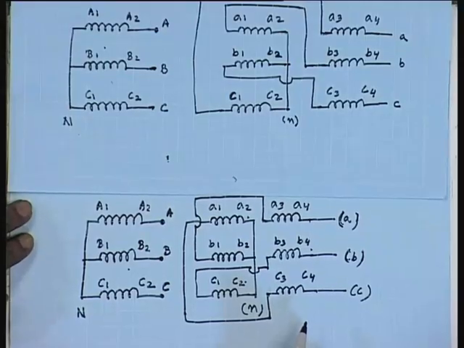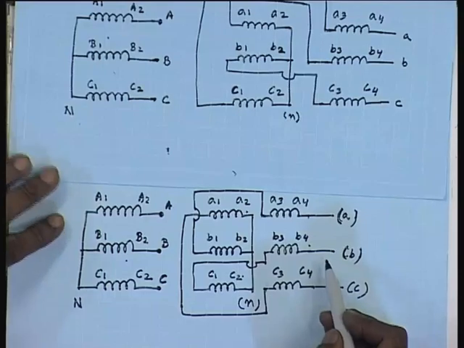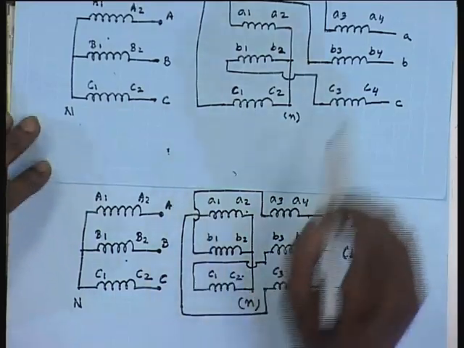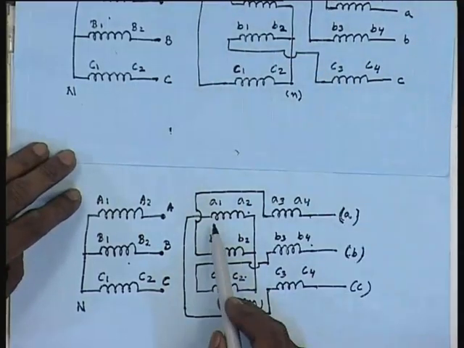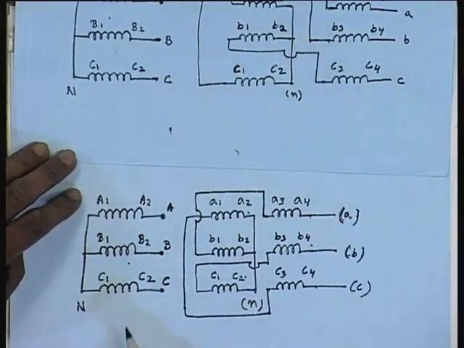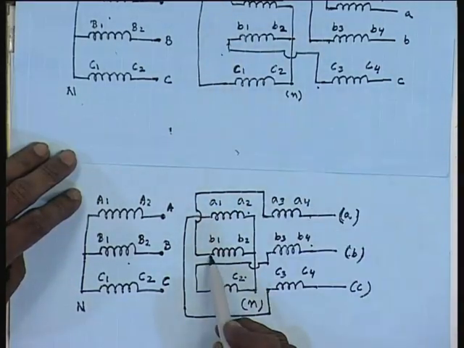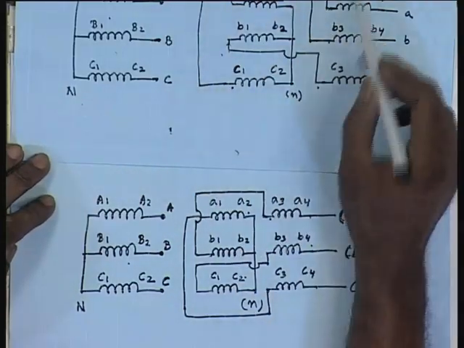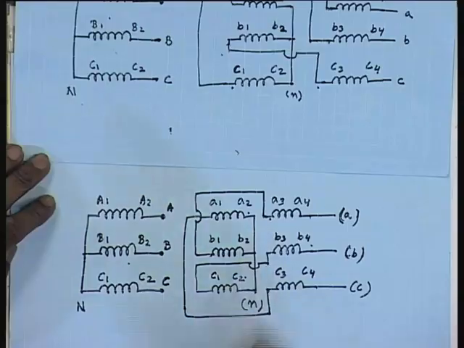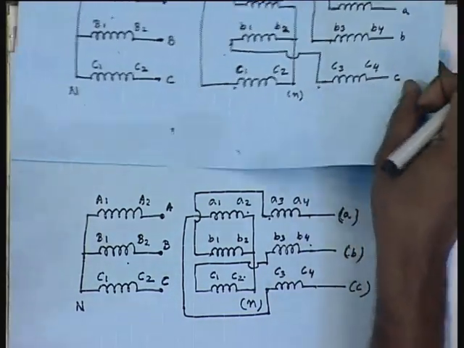However, as far as the internal connections are concerned, here A1 is connected to B3, in this case A1 is connected to C3, B1 is connected to C3, here B1 is connected to A3, C1 is connected to A3, here C1 is connected to B3. This is the only difference between the two connections.